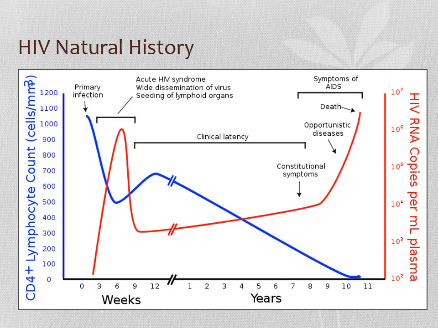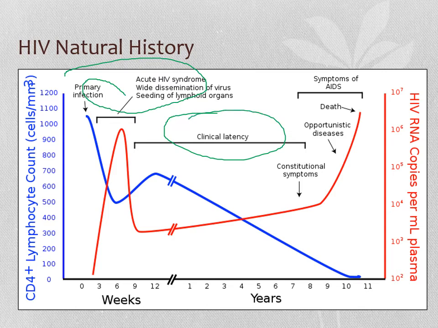So again, here's that chart kind of larger, and I just want to remind you, you have that acute infection right here, where you have the virus replicating like crazy, your immune system takes a hit, you might feel kind of sick. Then your immune system rebounds a little bit, gets the virus under control, and you move into the clinical latency period, which lasts for many years.